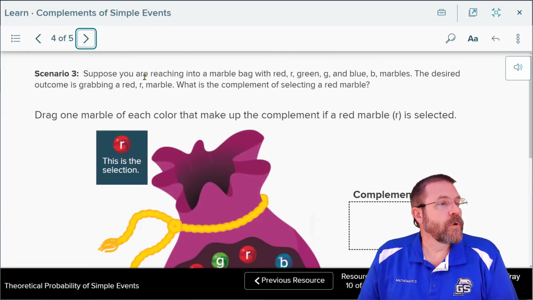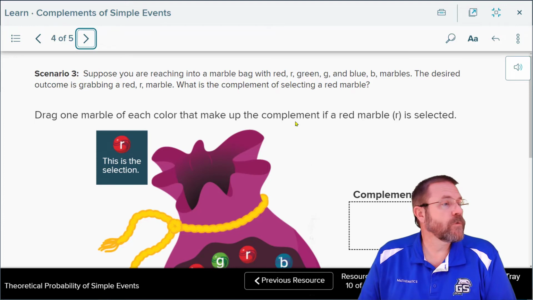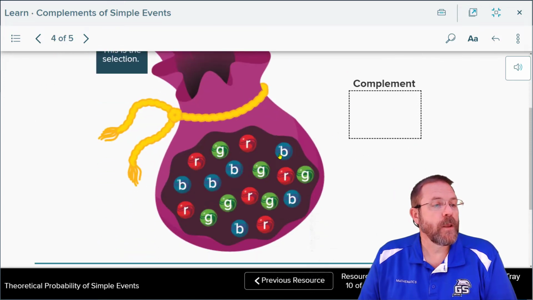Scenario 3, suppose you're reaching into a marble bag with red R, green G, and blue B marbles. The desired outcome is to grab a red marble. What is the complement of selecting a red marble? Drag one marble of each color to make up the complement. So I'm going to grab 1 blue and 1 green.